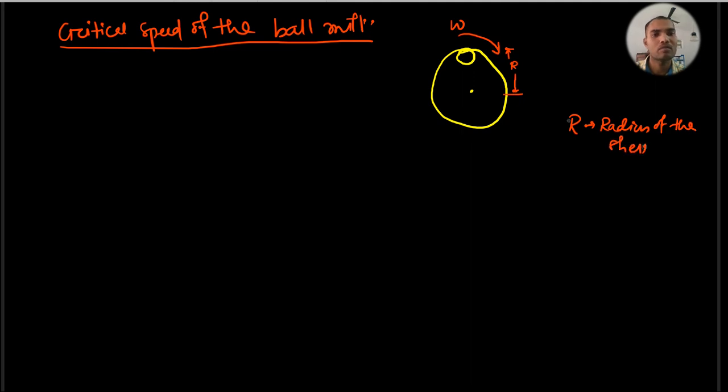Radius of the cell. Now this is a small r. What is a small r? The small r is nothing but the radius of the balls. Now when this ball is at the top, it will experience two forces.